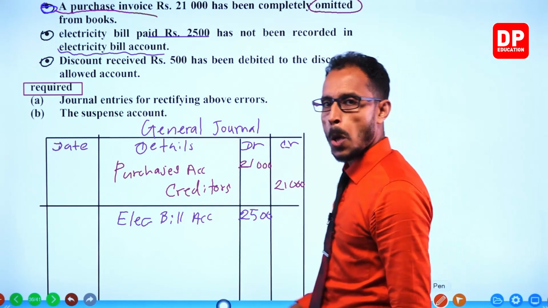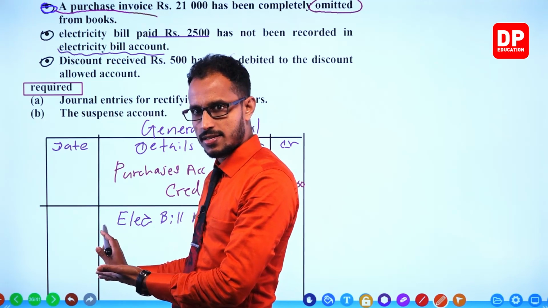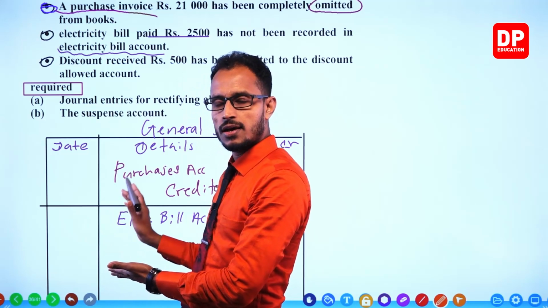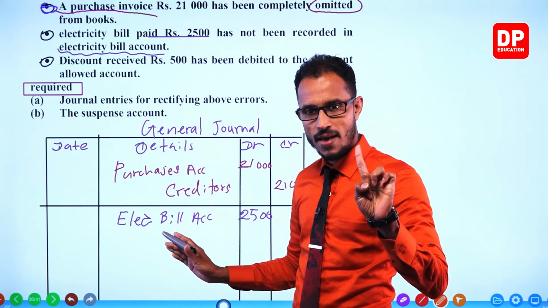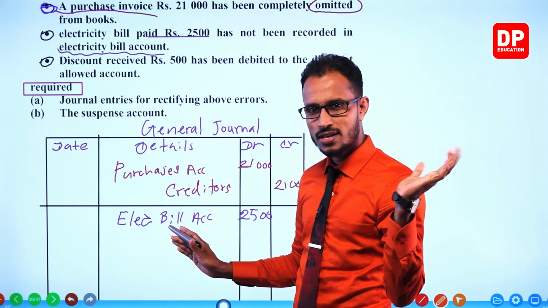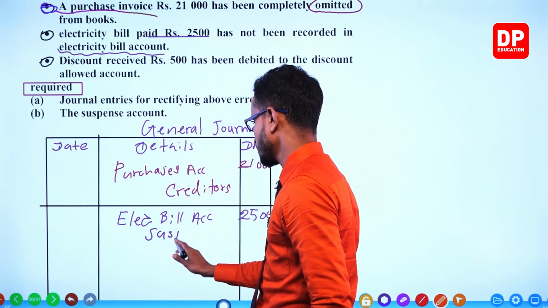So what? It's an error which affects the trial balance. I told you before I started the errors, when correcting errors which affect the trial balance, one entry must go to the suspense account. Credit entry goes to the suspense.